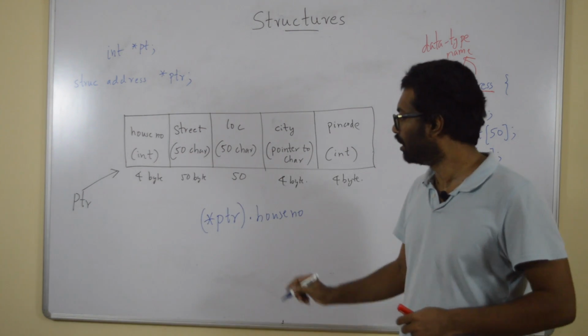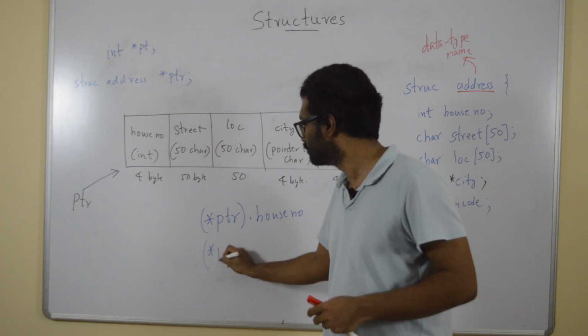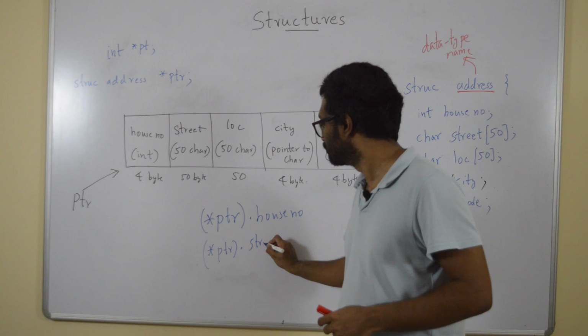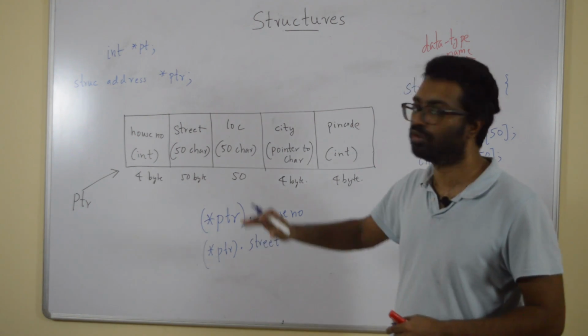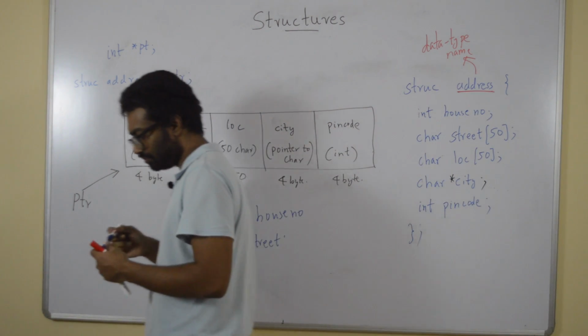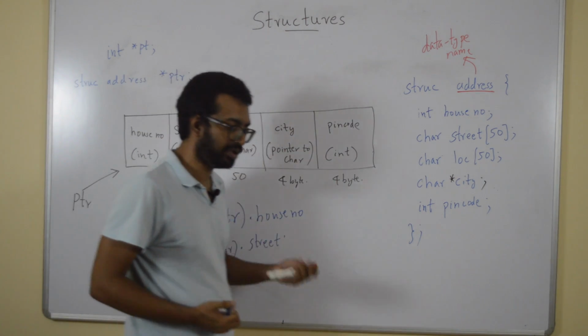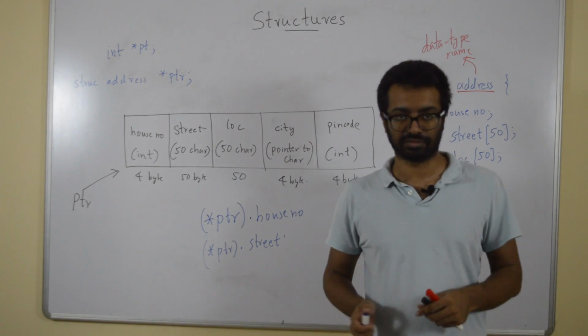First 4 bytes. I could have written dot street to mean the street, or dot city, dot location, dot pin code. I could have used any of these things.